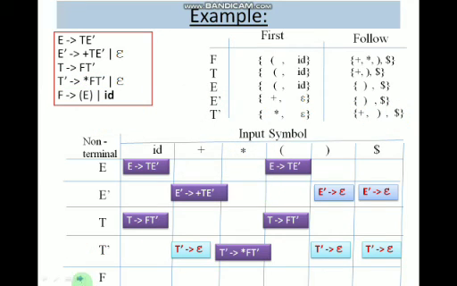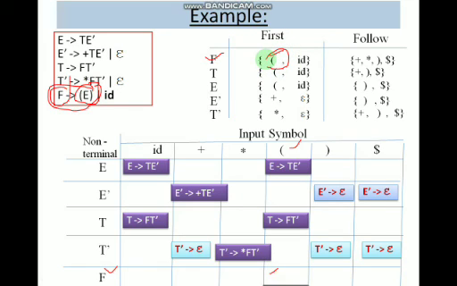Now remaining is this one for F. Where is F? This is F. F and open parenthesis, that means this is the open parenthesis and this location. So this would be F producing this term, because first of F contains this one.